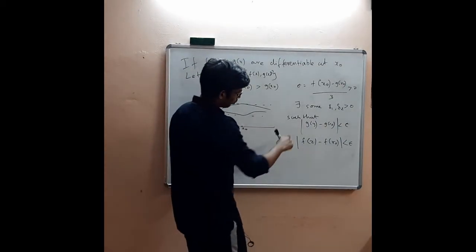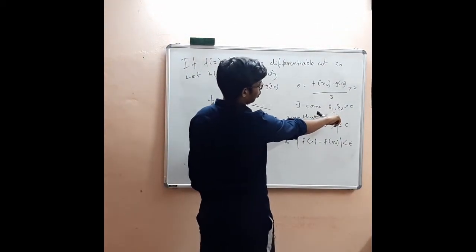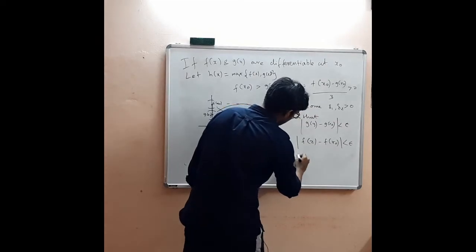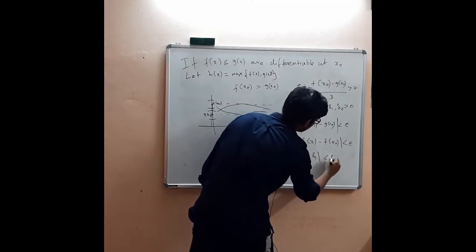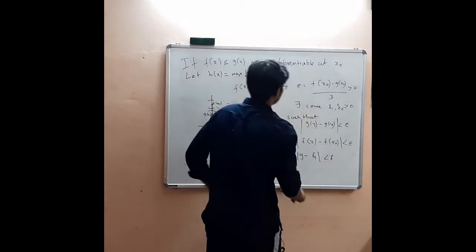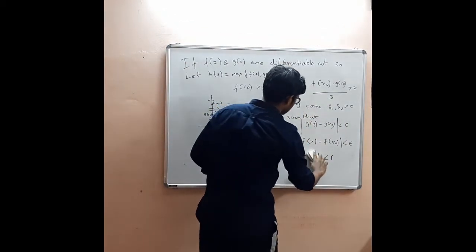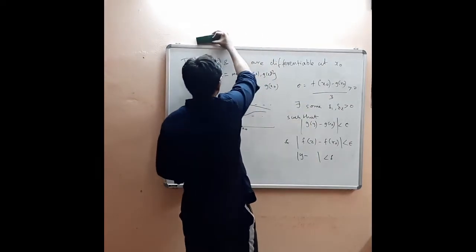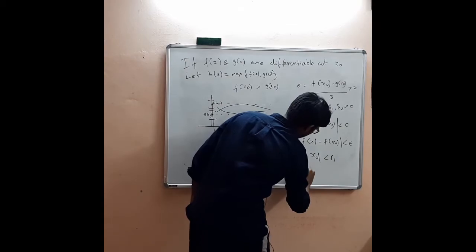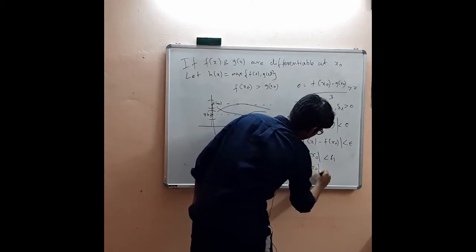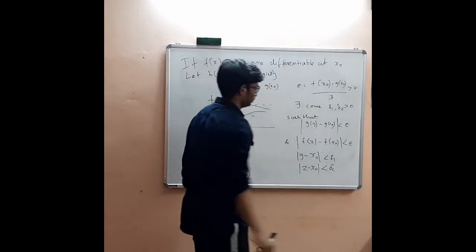What is the importance of delta 1 and delta 2? The absolute value of y minus x0 should be less than delta 1, and the absolute value of z minus x0 should be less than delta 2.